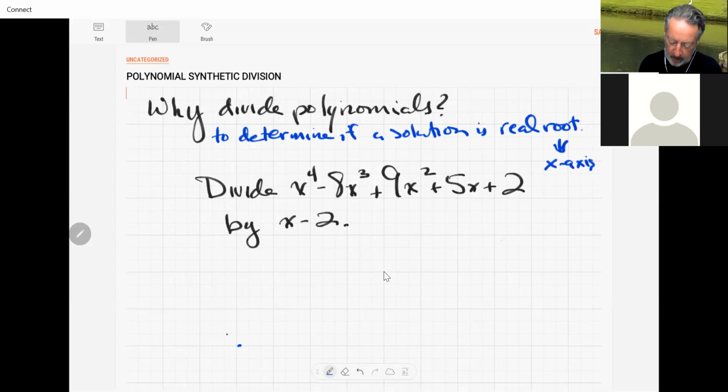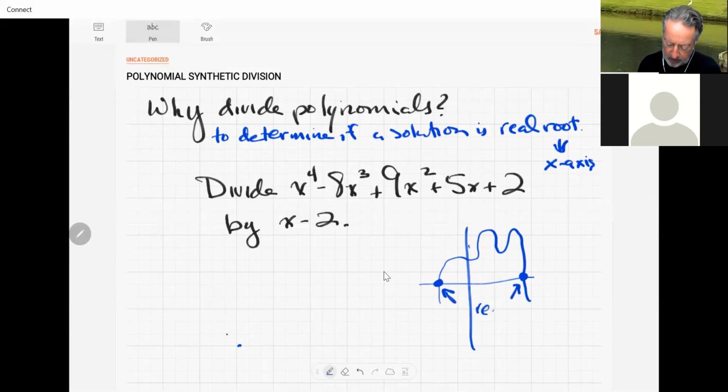So if we have a graph that looks like this, this graph has two real roots. Those are what's called real roots. And you can use dividing polynomials to figure that out.